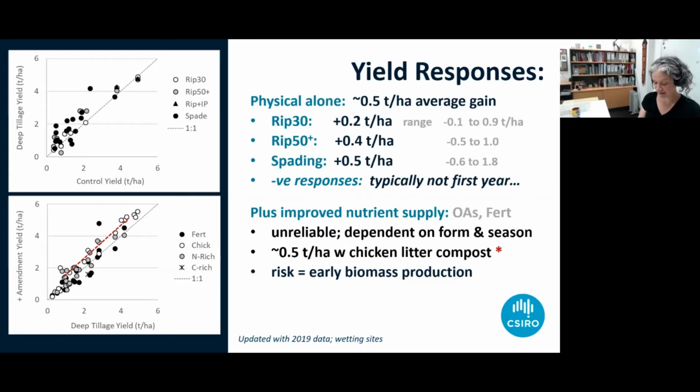Yes, I think there has been a lot of interest in the chicken litter aspect, and a lot of that gain does come from the nutrition that it supplies, obviously, but it also comes down to some of the timing of release of that material, and perhaps also some of the micronutrients that are in there.